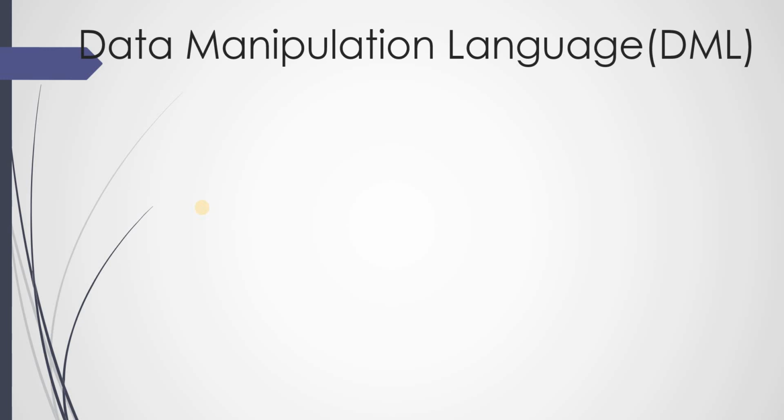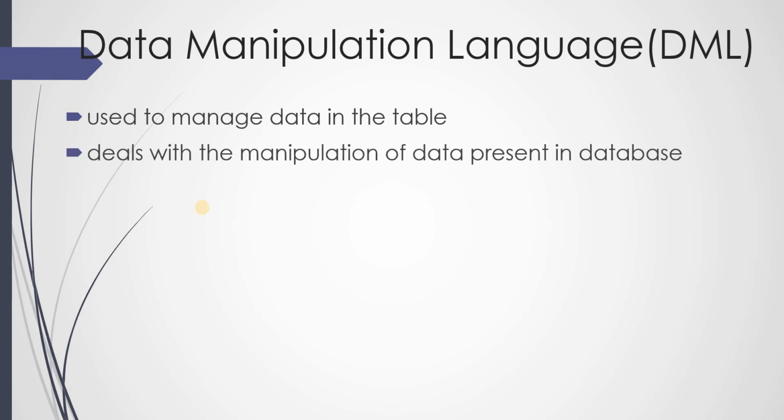So basically, whenever we are dealing with the data inside the structure, we use data manipulation language. So thus, data manipulation language is used to manage data in the table. It deals with manipulation of data present in the database.